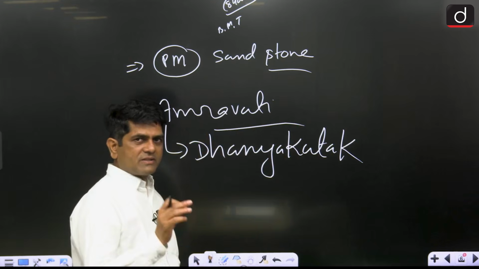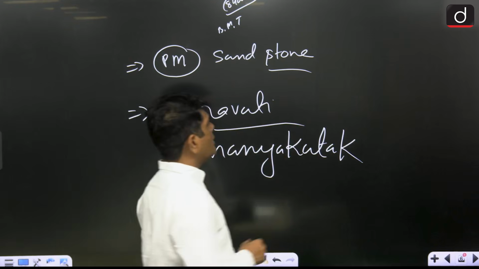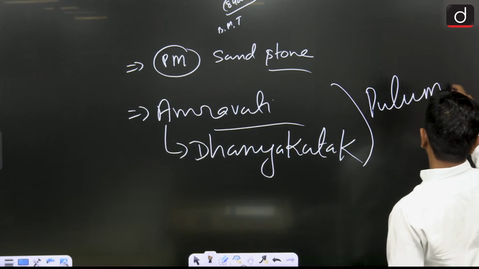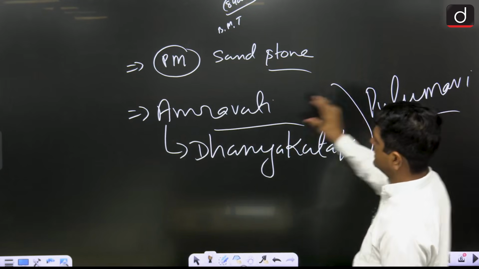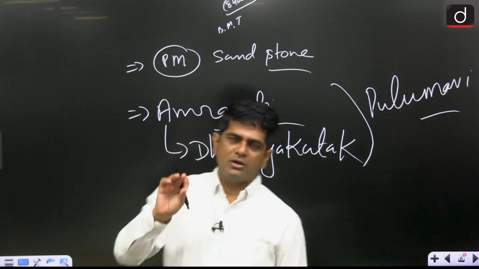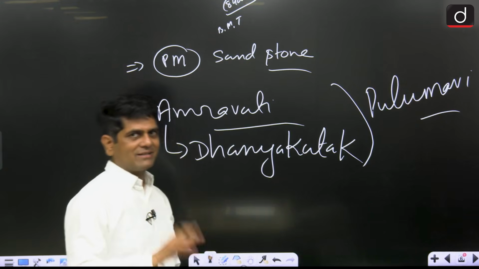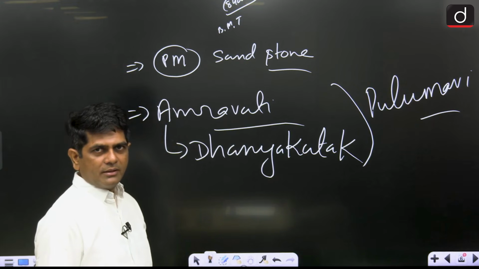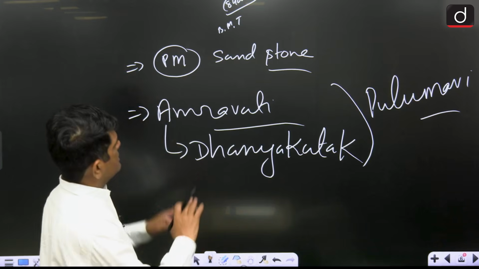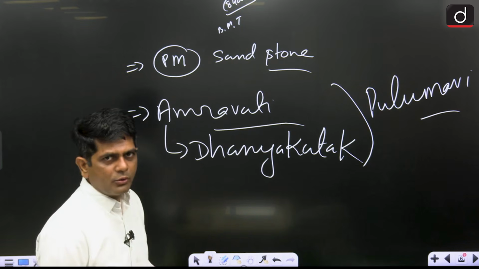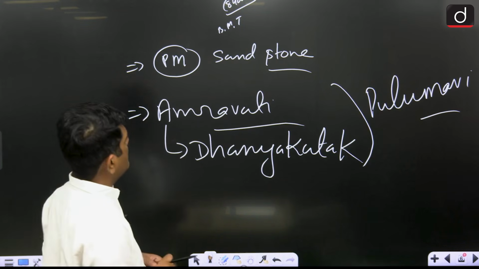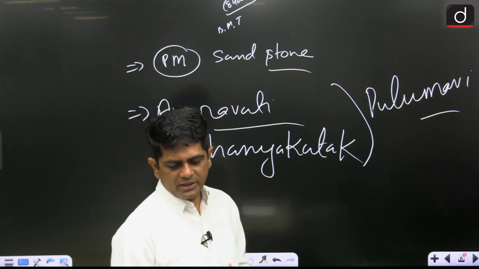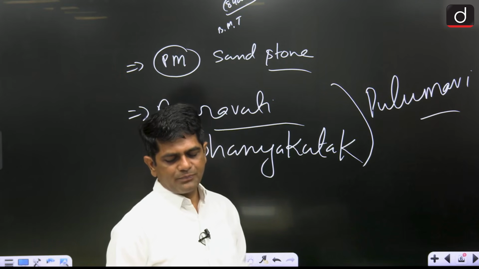And in the reign of the Satvahana rulers like Pulumavi, this Amravati stupa was built. Clear? So that was all about the stupa architecture, or you can say the Buddhist architecture.